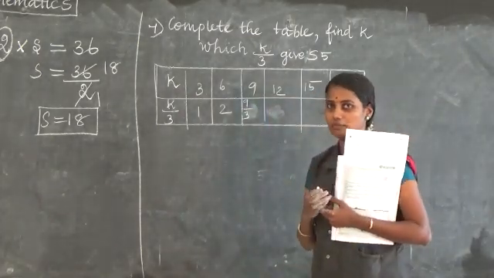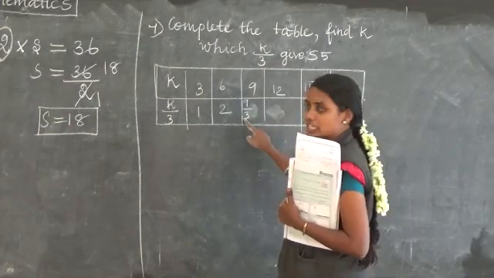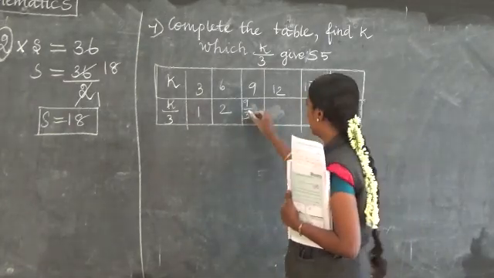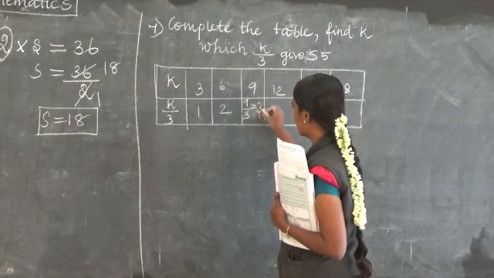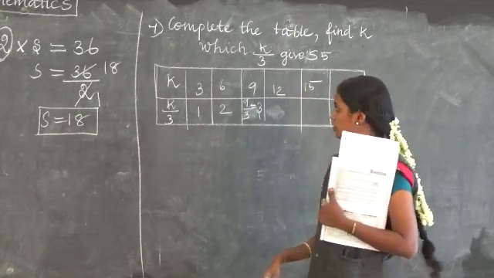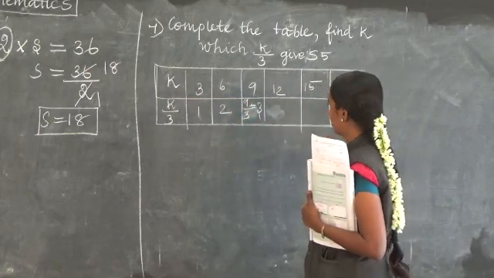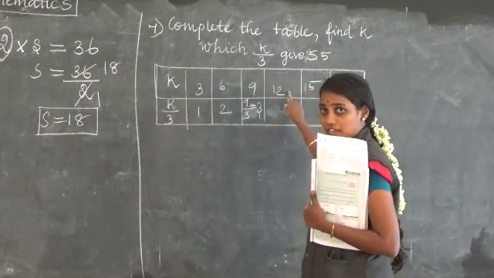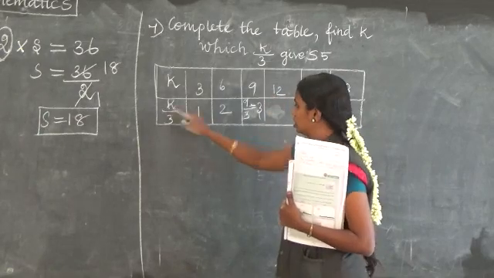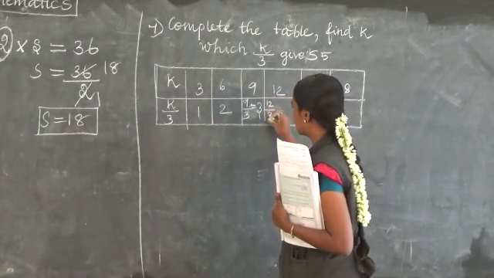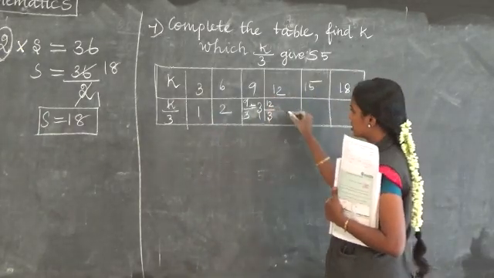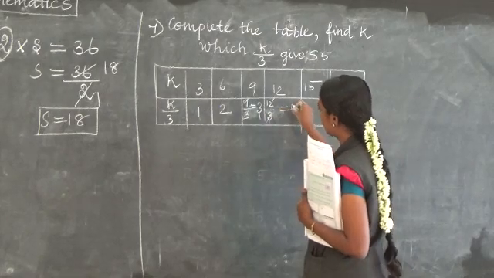Yes, we all know it. 3 ones are 3, 3 threes are 9. So the answer is 3. Likewise, k value is 12. The first row is the k value. 12 by 3: 3 ones are 3, 3 fours are 12.